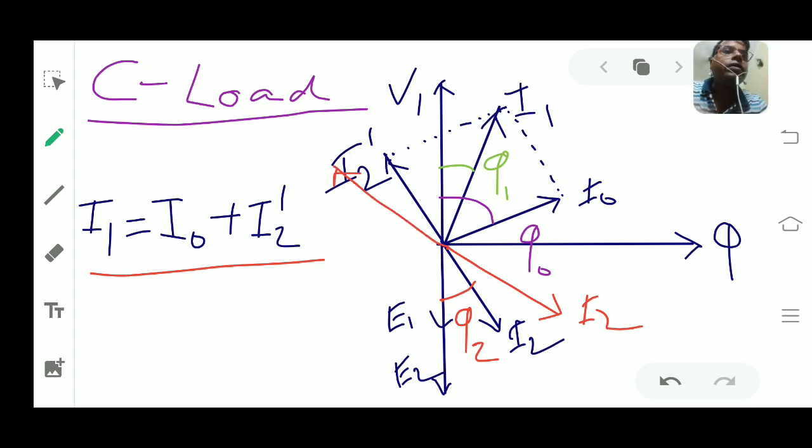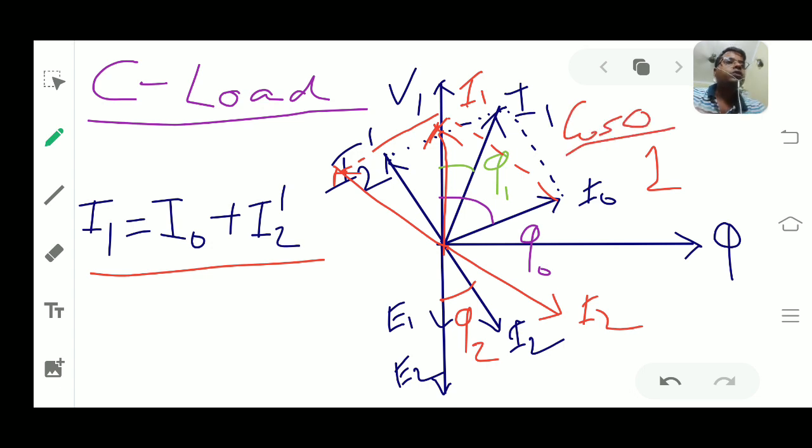And the resultant, if you draw it, it is possible that the resultant will come on this V1 itself. So this may be your I1. So what is the angle now between V1 and I1? 0. That means the power factor is becoming 1. Why? Because cos 0 is 1. So it will be a unity power factor, right?